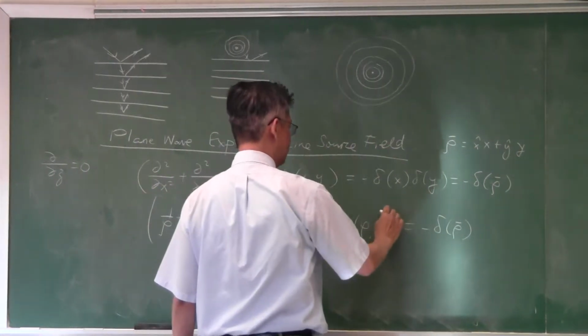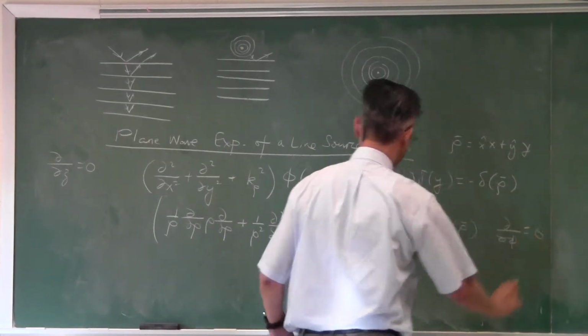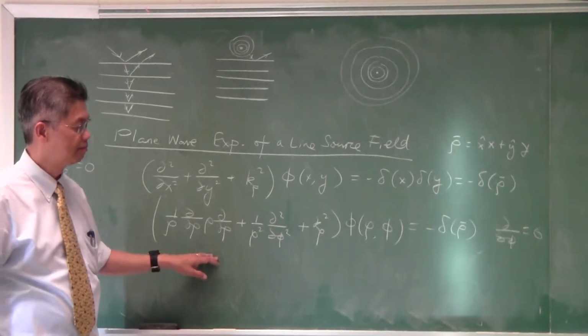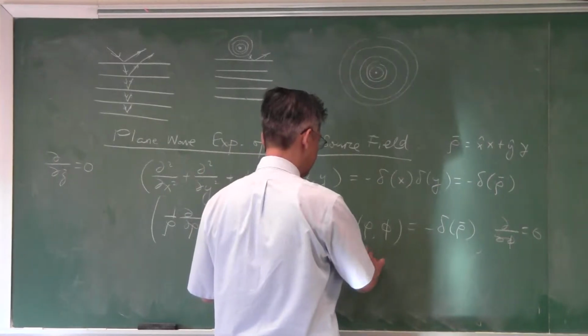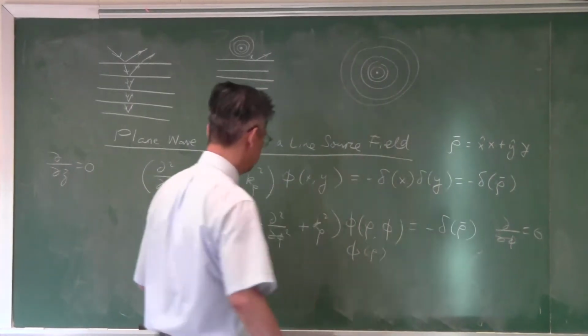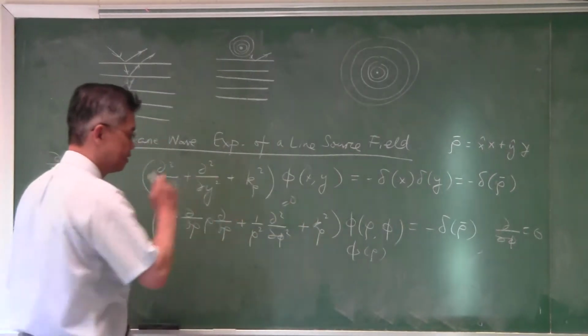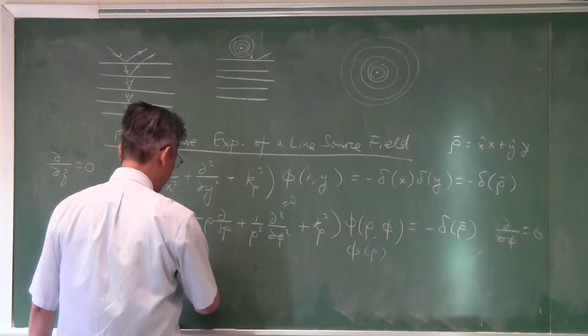So we can assume that there's no phi dependence in this solution. Okay, there's no phi dependence because it's produced by a line source. This must be just a function of rho alone. Okay? And then you can assume that this is 0 for this particular problem. And then you end up having to solve this equation.